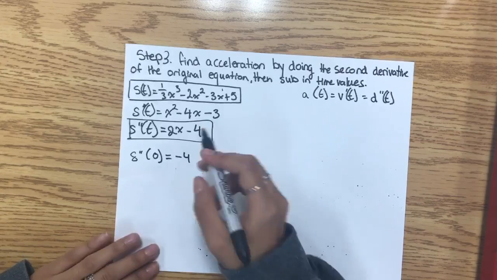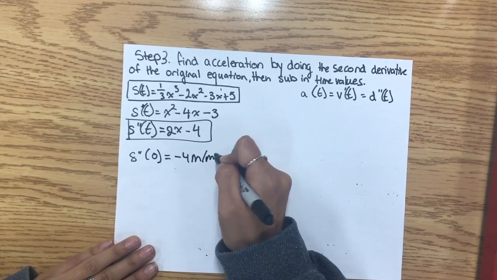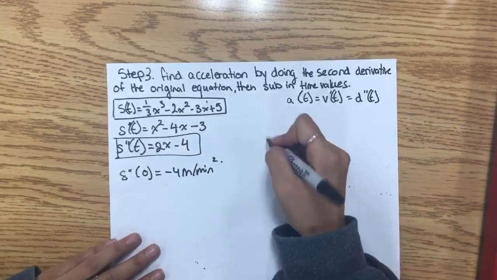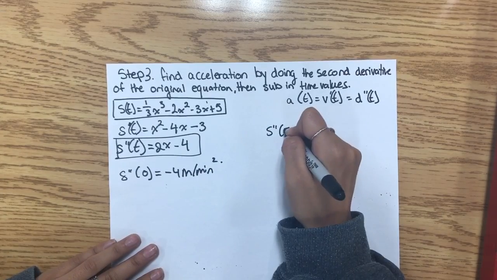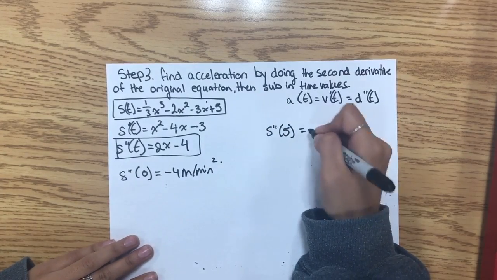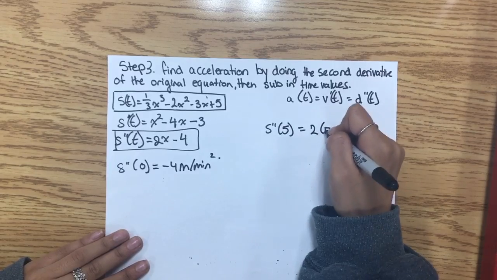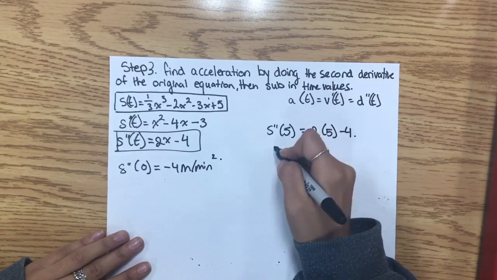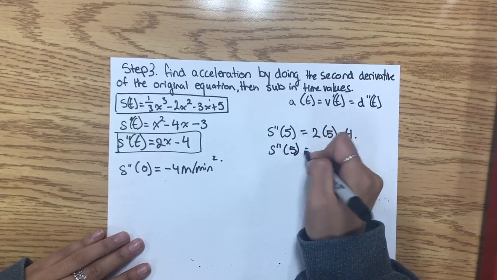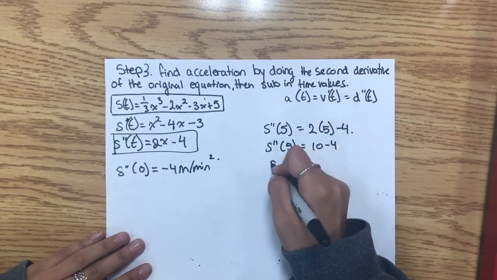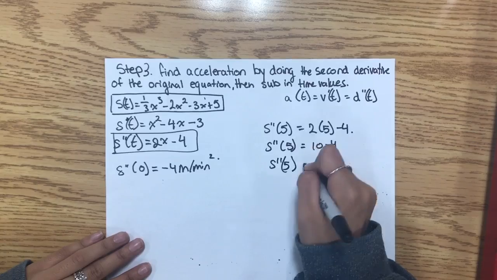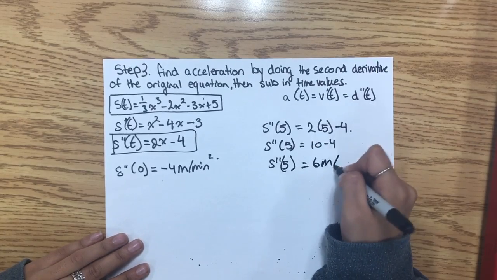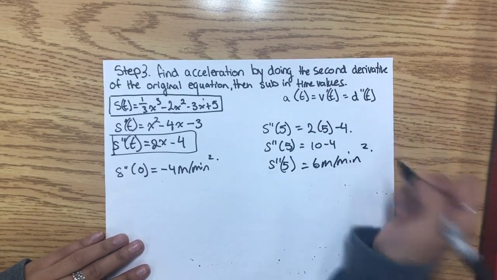So we're left with negative 4 meters per minute squared. Then we do s double prime at 5, which is equal to 2 times 5 minus 4. So s double prime at 5 is equal to 10 minus 4, which is equal to 6 meters per minute squared.